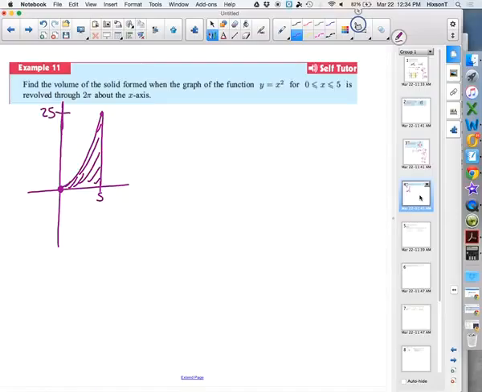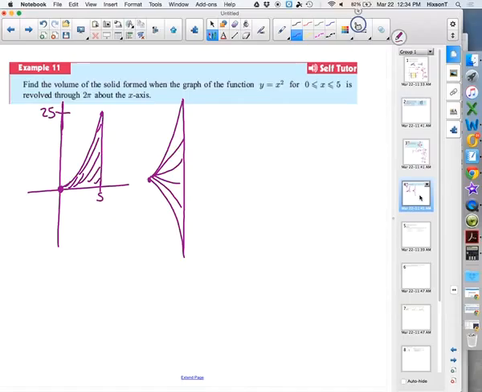So it's actually going to create kind of an interesting thing. It's going to look like this big old cone that kind of flares out like this. That's the best I can do. So that's what that'll look like. So what volume will this actually have?